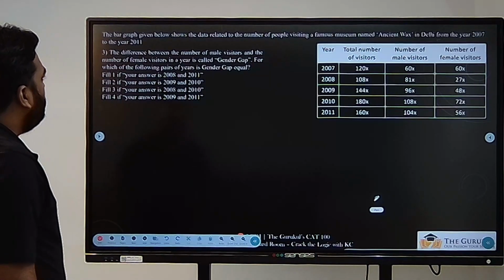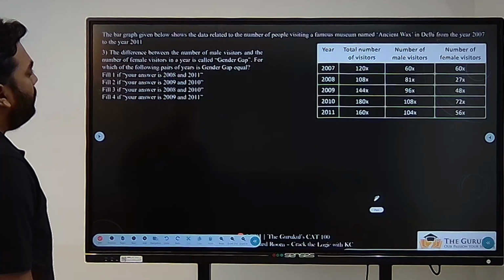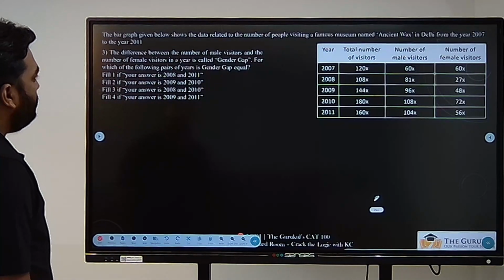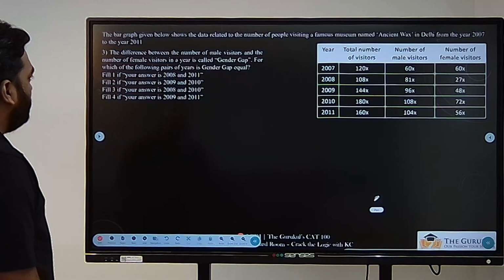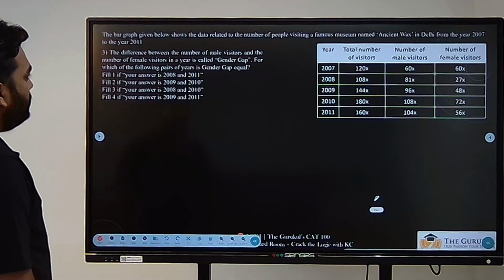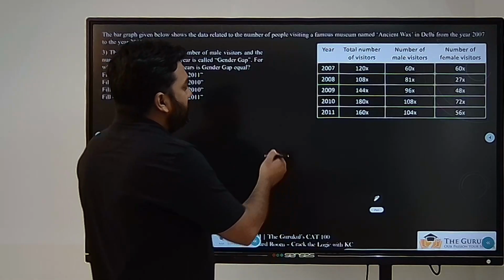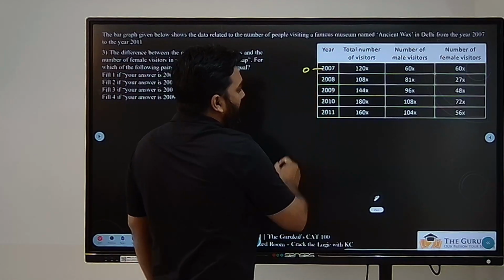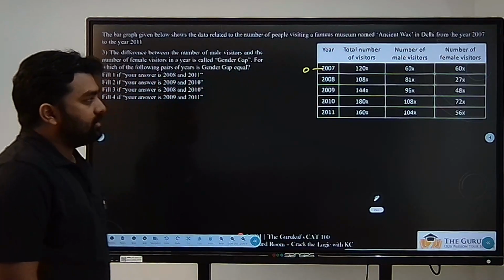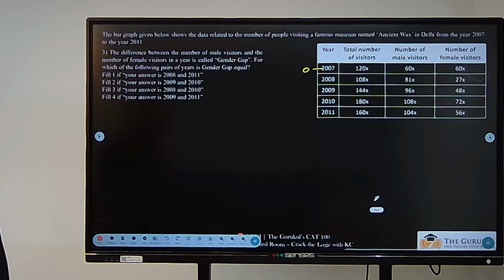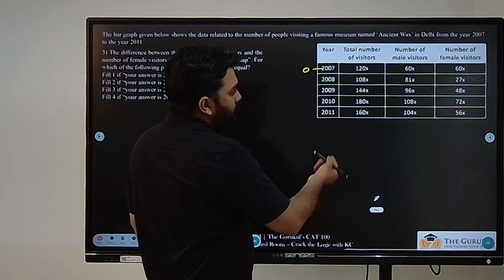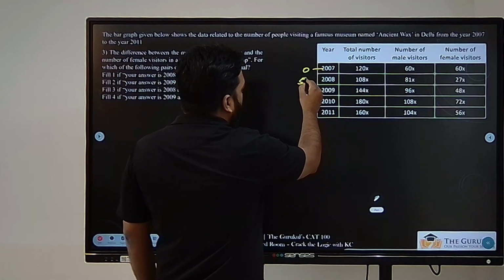Next one. The difference between the number of male visitors and the number of female visitors in a year is called gender gap. Which of the following years the gender gap is equal? Let us see. In this, gender gap is 0 because 60x and 60x, it is 0. Now what is happening for 2008? Quickly calculate for all the values. So that will be 54.